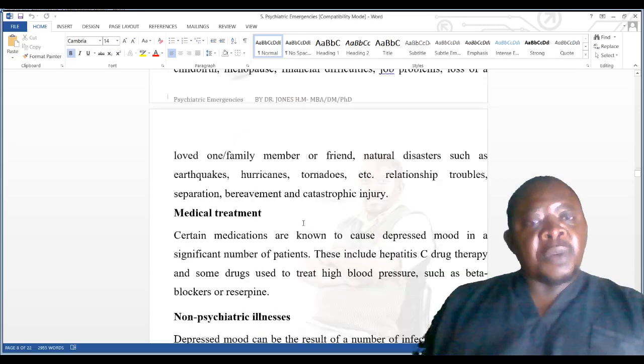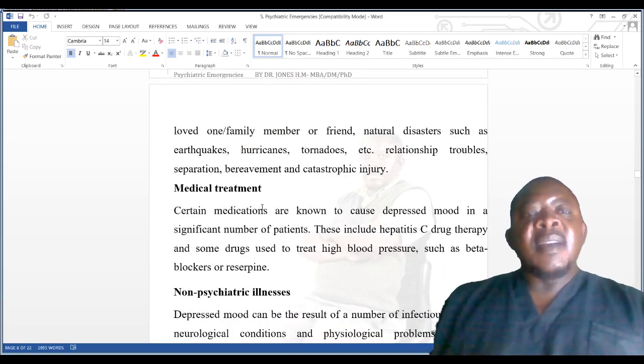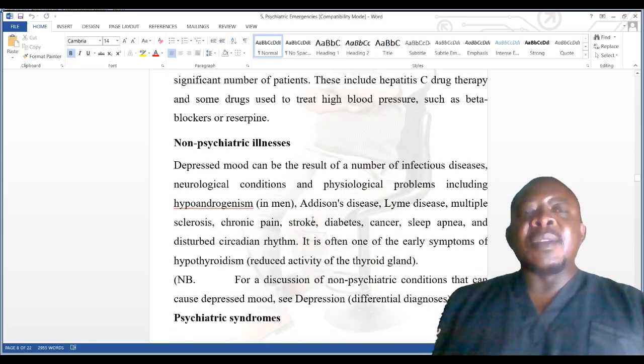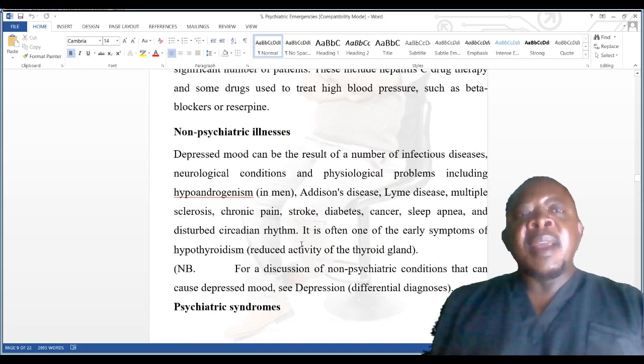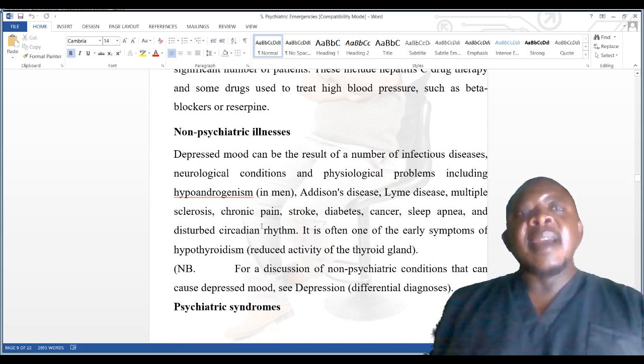Then we have medical treatment, that is to do with drugs, and we gave an example of beta blockers like reserpine increasing the risk of one suffering from depression. Then we talked about non-psychiatric illnesses like thyrotoxicosis, diabetes, cancer, and sleep apnea as some of the conditions that may predispose one to depression.